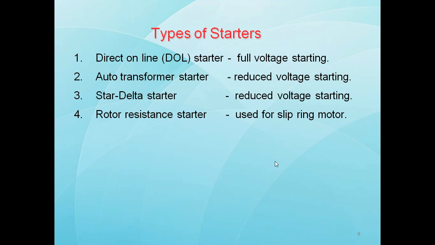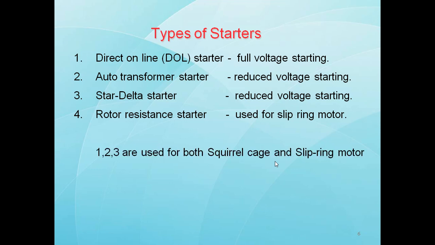The next one is the rotor resistance starter, used for slip ring motor. If you see, the first three are used for both squirrel cage and slip ring, and the fourth one is used only for slip ring, that is the rotor resistance starter. It is not used for squirrel cage motor.